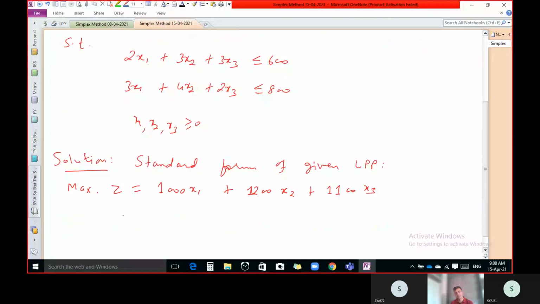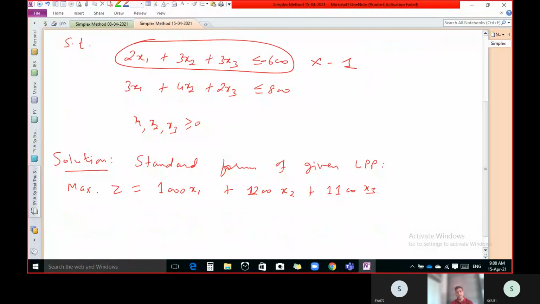Now the second one. See the right hand side values of each constraint. All these values should be positive or zero but cannot be negative. So if anyone is negative, by chance we have here minus 600, then multiply this constraint by minus 1.